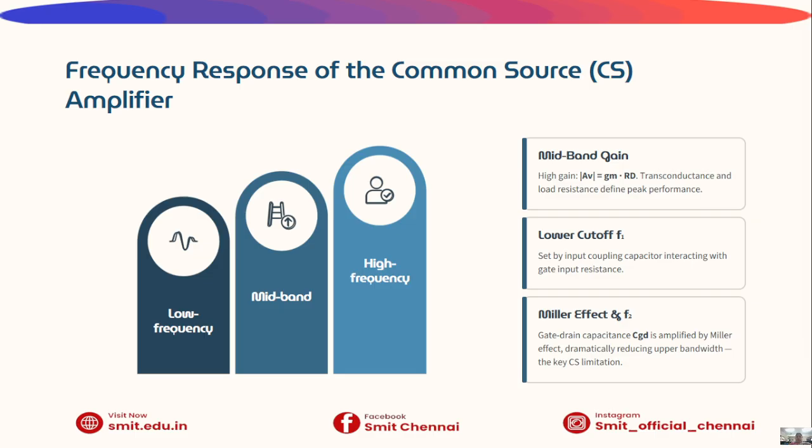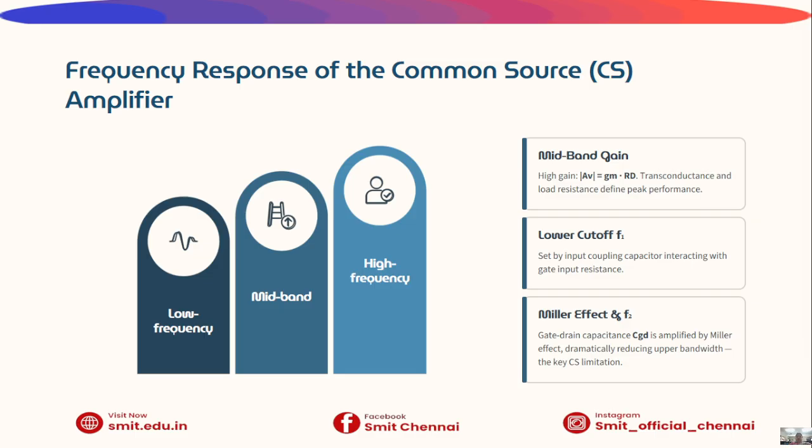Next, we see the frequency response of the common source amplifier. The common source amplifier is widely used because it provides high voltage gain. The midband gain depends on the transconductance gm and drain resistance RD. At low frequencies, coupling capacitors influence the response and determine the lower cutoff frequency.